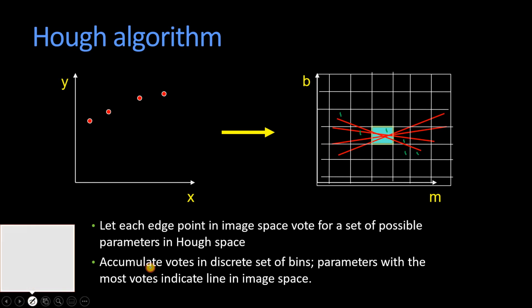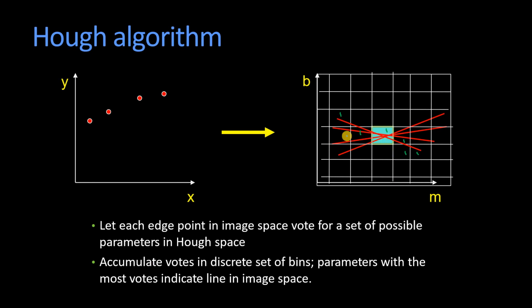Now another line comes, and another line will select a different set. So I select this line, for example, this one, a vote here, another vote here. So it will practically add the vote to the previous count. So each bin has got a vote count, and it will just increment that vote.